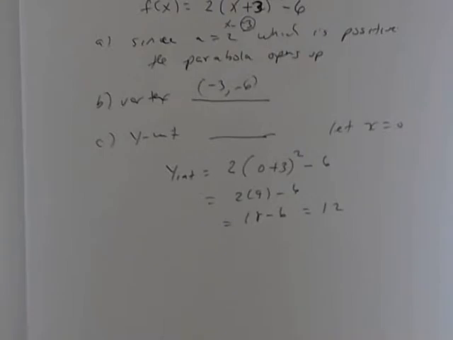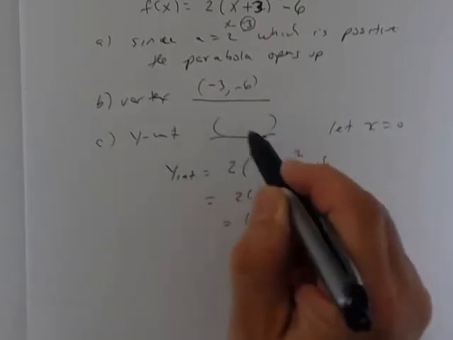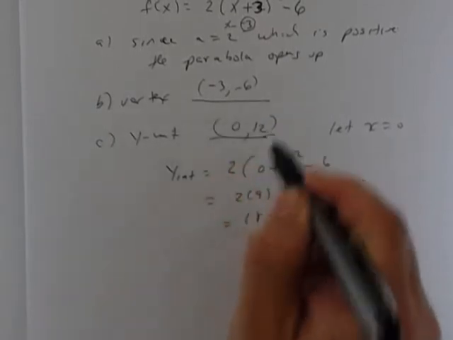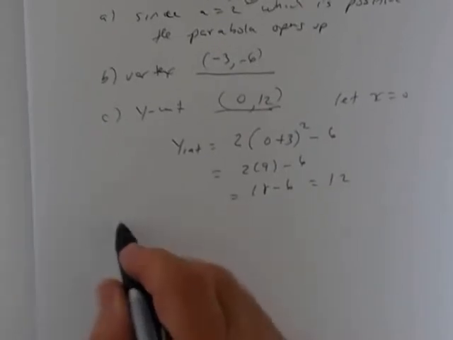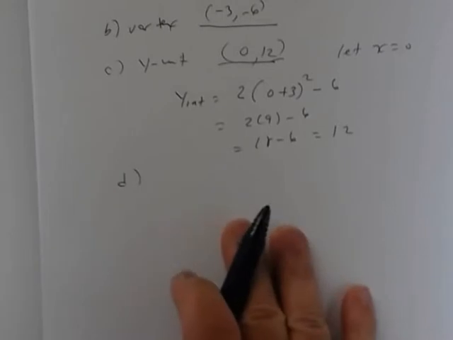So that is your y-intercept. Okay. So as an ordered pair, what would you write? 0, 12.